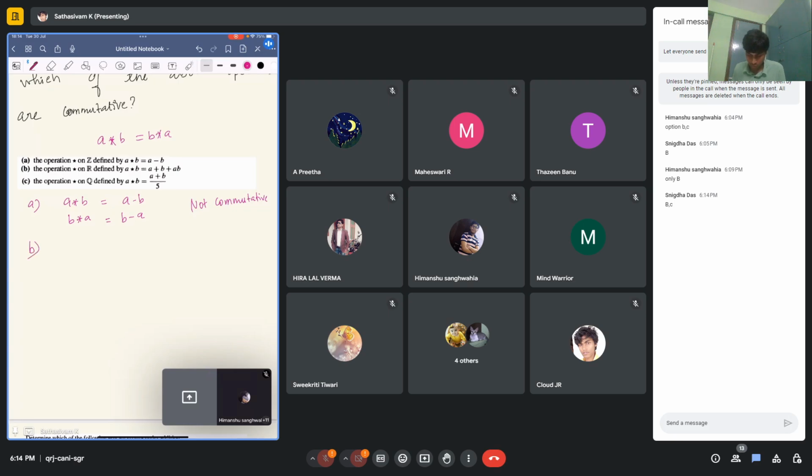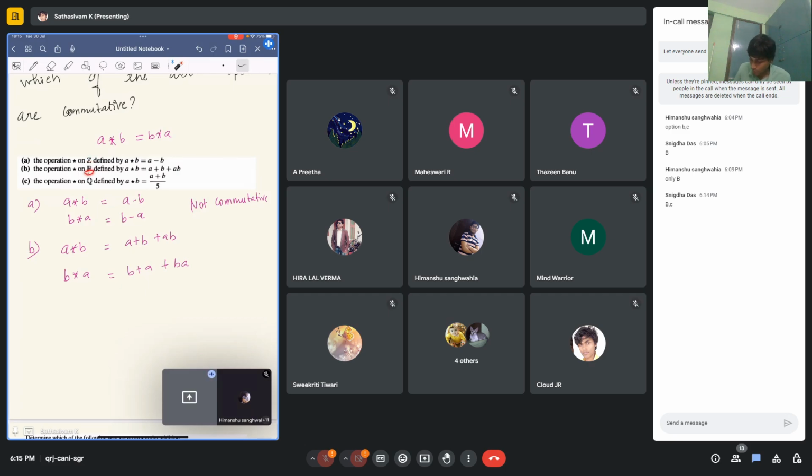So what about the second one? Let's say A star B is actually A plus B plus AB. What is B star A? This is B plus A plus BA. Okay. So is this commutative? Yes. Because you are working with R, right?